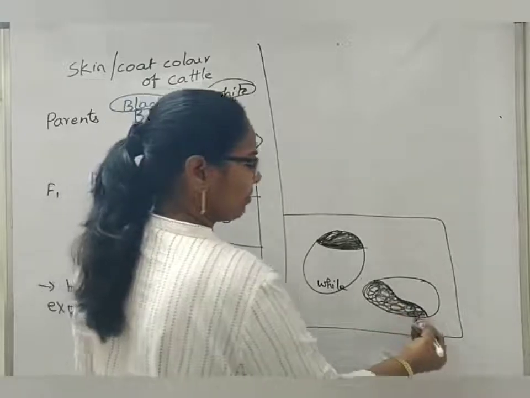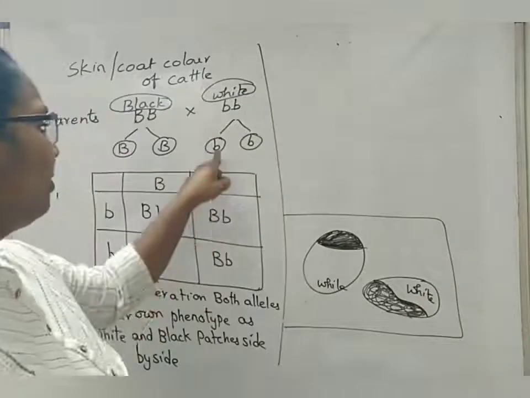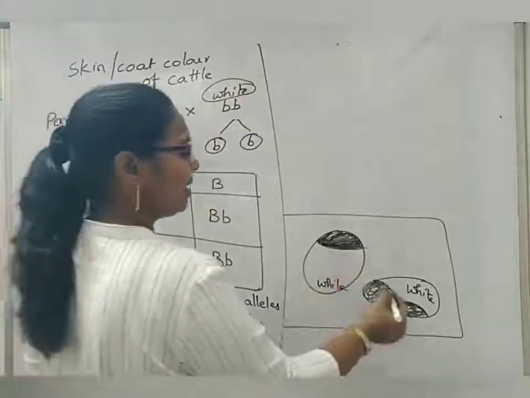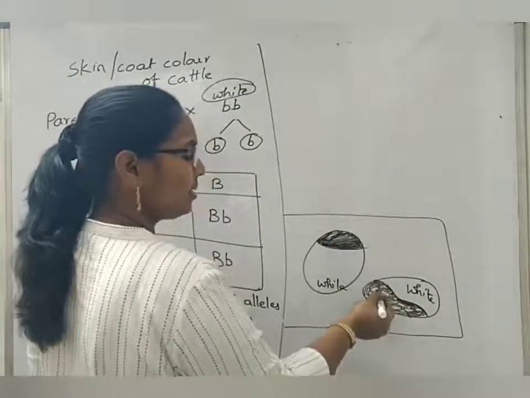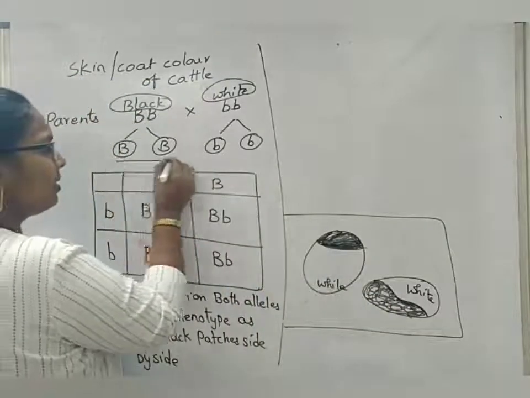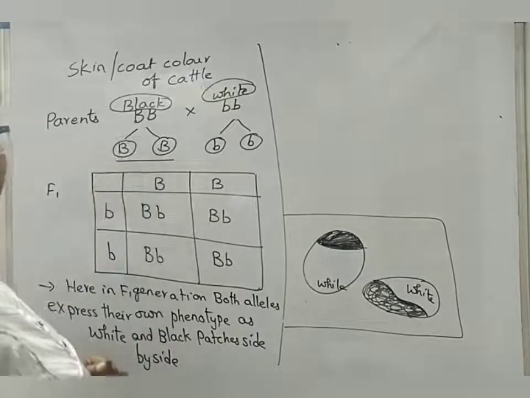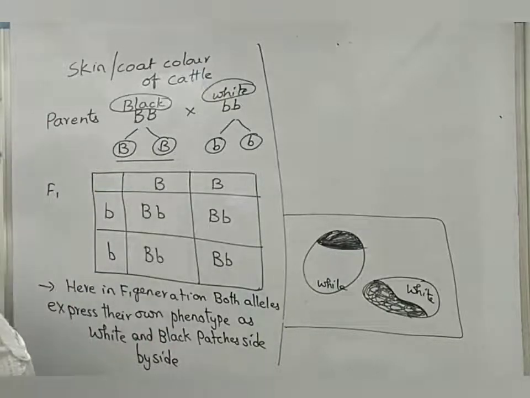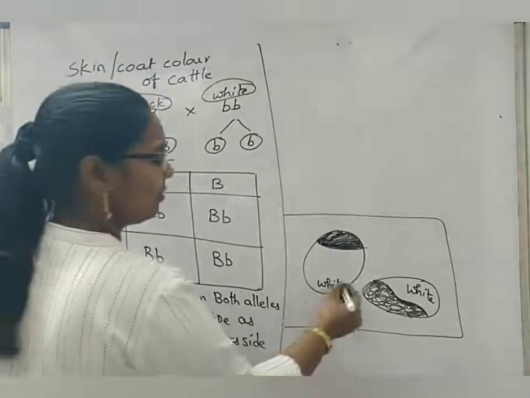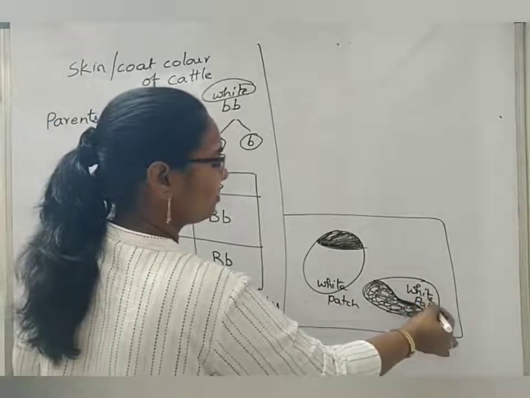Like this. So this will be white color, which is getting expressed by this type of alleles, and this black color is expressing its own color, and the black color genotypic alleles we are taking like this in the form of capital alphabets. Now we can write this one as white patch, and this one also white patch.